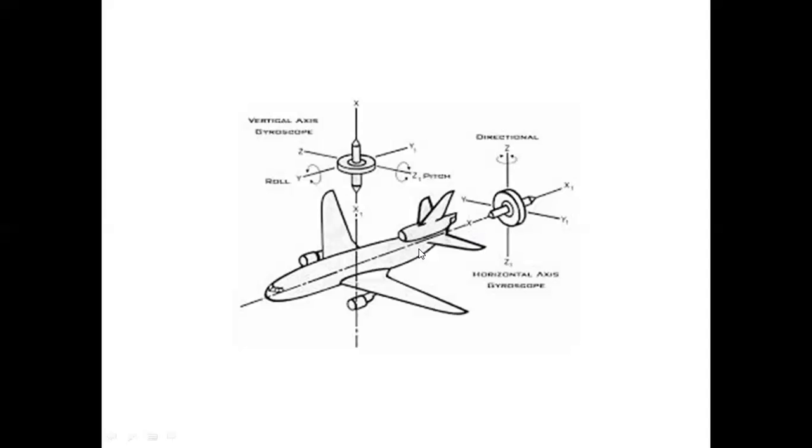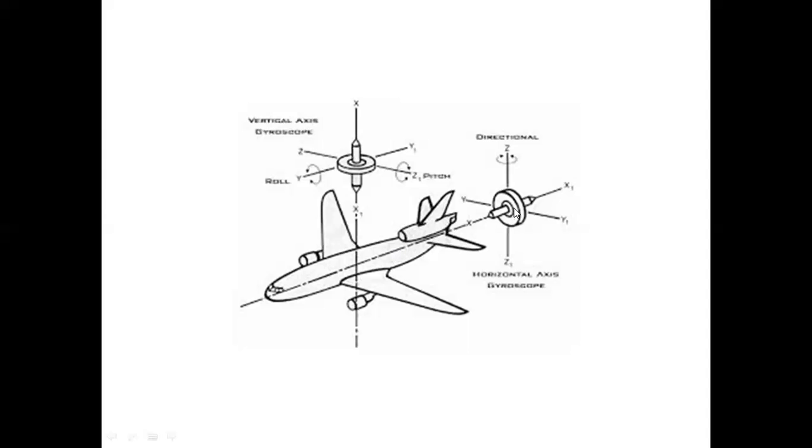Now what is the advantage of this? Suppose a pilot is taking a very sharp turn, then what will happen? The precessional velocity, omega p, will be very large. When the precessional velocity is very large, the gyroscopic couple will also be very large, because the gyroscopic couple is given by I omega into omega p.